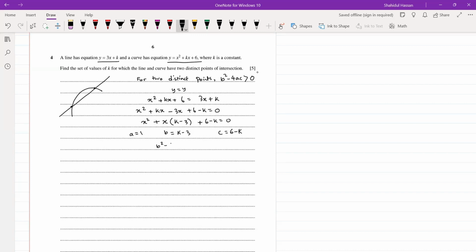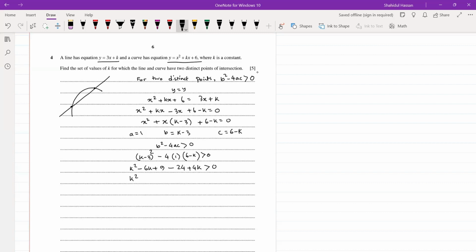So we can write b square minus 4ac is greater than 0. Therefore, (k minus 3) square minus 4 into 1 into (6 minus k) is greater than 0. (k minus 3) square, if I expand it, I get k square minus 6k plus 9 minus 24 plus 4k greater than 0.